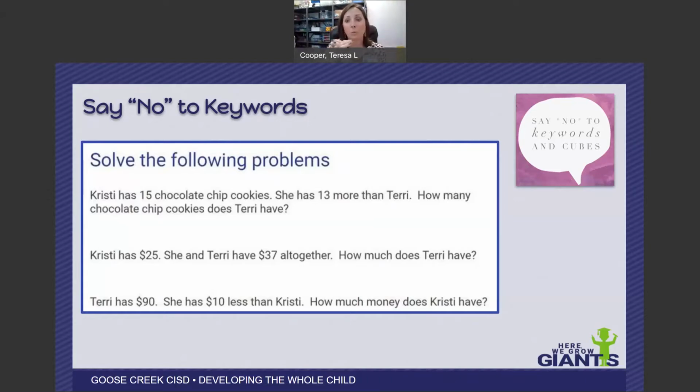We want to make sure we are really teaching kids to understand what's happening in that problem, rather than picking out certain words that we might think tell them an operation to do. So that's really, really important for us, especially before they get to second grade and problems get harder. They move to multi-step problems. So we're going to lay that really good foundation for students to have that understanding.